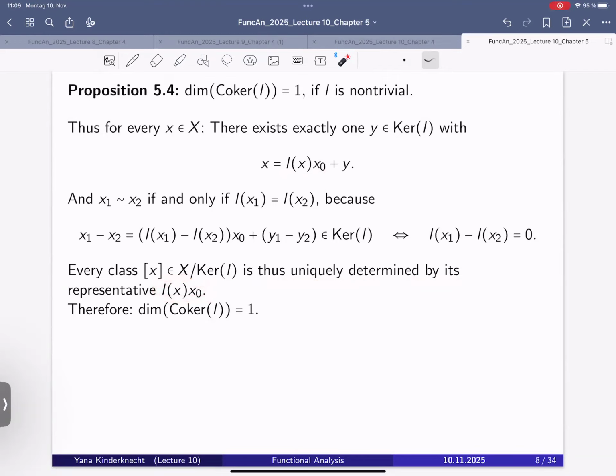So each element of X has this representation where this is something from the kernel and this is something which is not from the kernel. And hence this is the one-dimensional piece which shows the difference between different equivalence classes. And hence the dimension of this factor space, or quotient space, the codimension of L, is equal to 1.